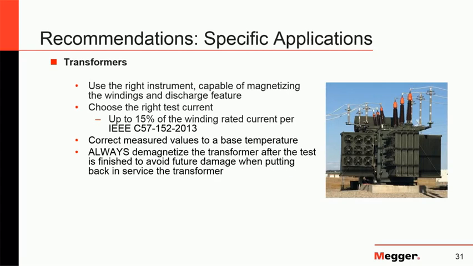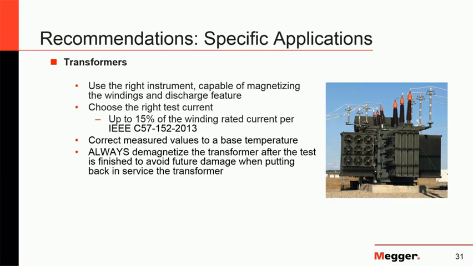Once again, for transformers, it is very important to make the measurements with the proper instrument, which should be capable of magnetizing the windings, and that is to be able to get a stable resistance reading. Also, for safety, the instrument should be capable of discharging the windings and performing a demagnetization, as we already talked about.